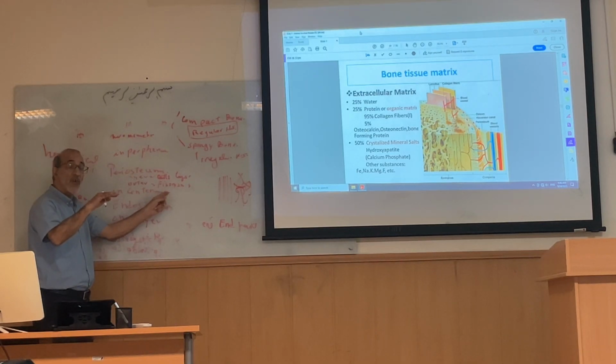The outer has very few cells; the inner is full of cells and has very little fiber. What is the name of the cells in the layer? Only osteogenic cells.